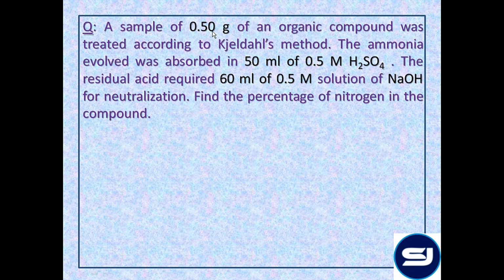So now substituting the values, going back to the question: 0.5 gram is the weight of organic compound, 50 ml is the total acid volume, 60 ml is the base volume. So the difference will be taken as 50 minus 60 upon 2, which is 50 minus 30. This will be the volume of acid which is actually equivalent to the volume of the ammonia which is evolved as per the equivalence method.